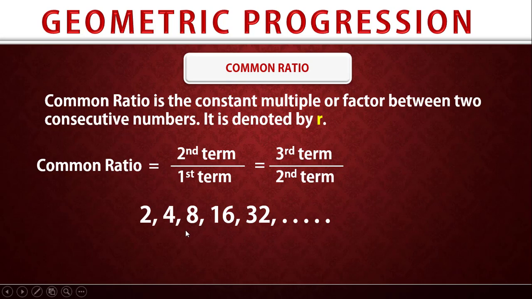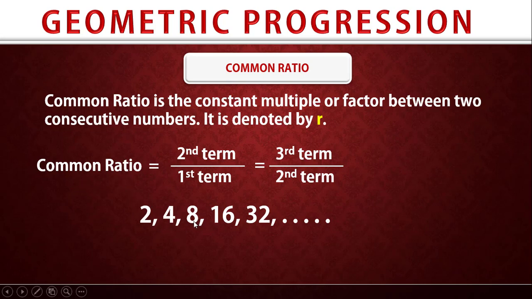If I need to get the constant multiple or the constant factor between two consecutive numbers, that's the first term and second term, all I need to do is to say 4 divided by 2. You can see it here, 4 divided by 2 gives 2. That means our constant factor, our common ratio, will be 2.